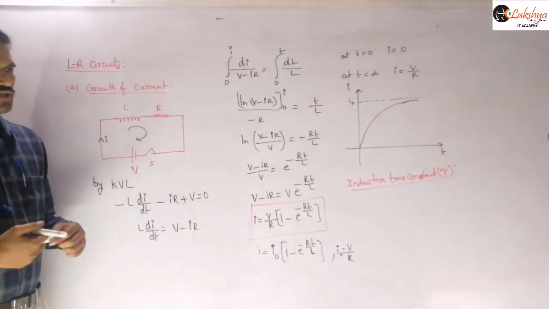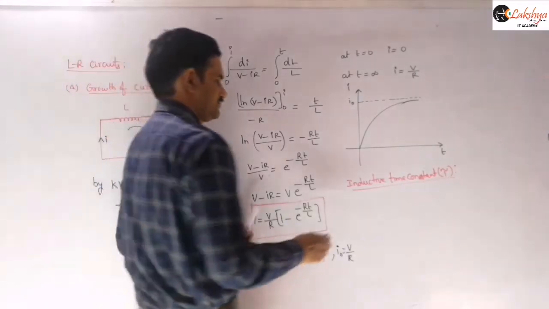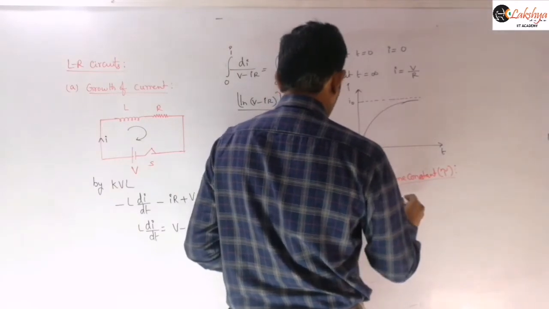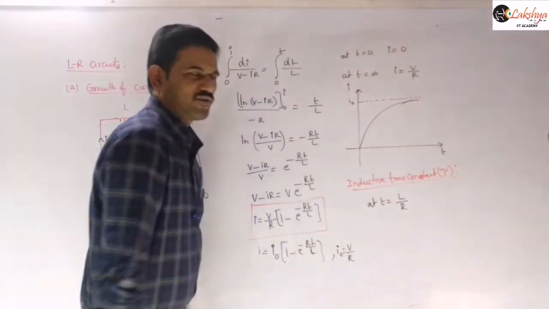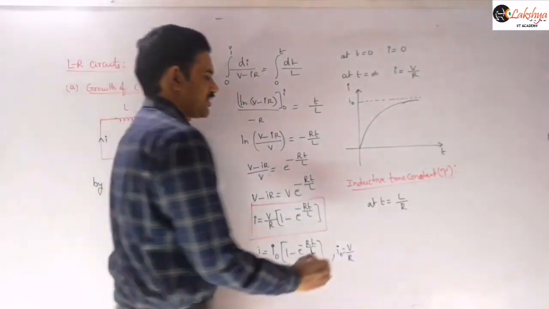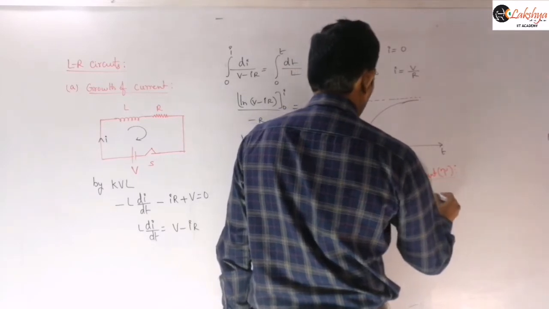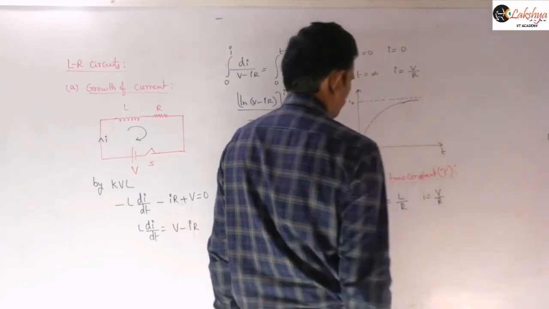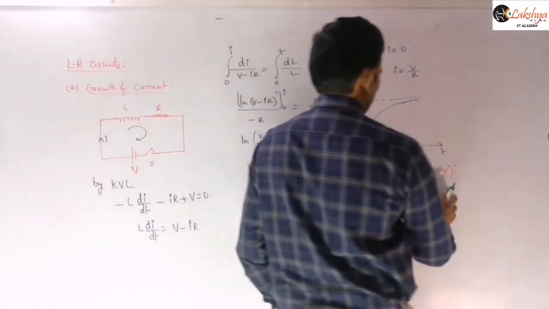Now for this inductive time constant, if I substitute t is equal to L by R, and calculate the current flowing, then we can write I is equal to V by R into, which is nothing but I naught, the maximum current.